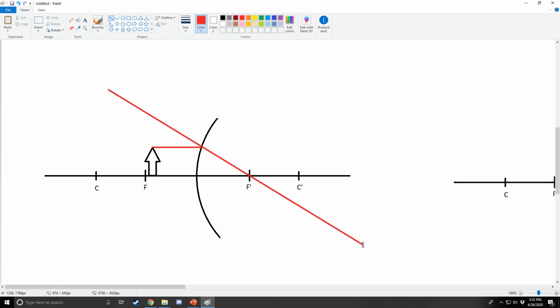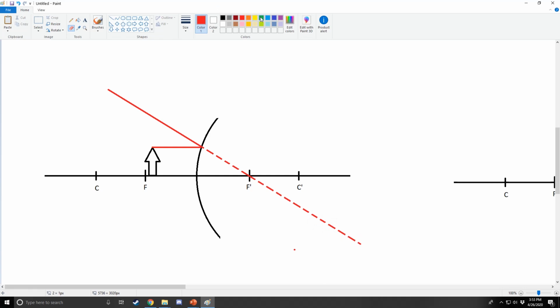So I'm just going to extend this out a little bit more, and I'll add in a little breaks so that you realize that this is the extrapolated line backwards. All right, that should be good enough.